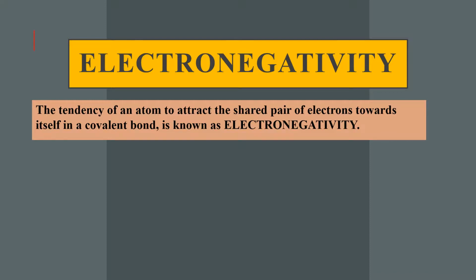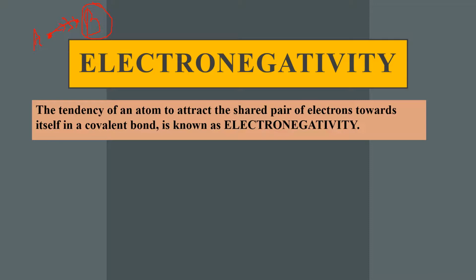Suppose I have two atoms, atom A and atom B, and they are linked together by a covalent bond by the sharing of one electron of each. Now if atom B has a tendency to accept the shared pair of electrons between them towards itself, it means atom B will have the highest electronegative nature.